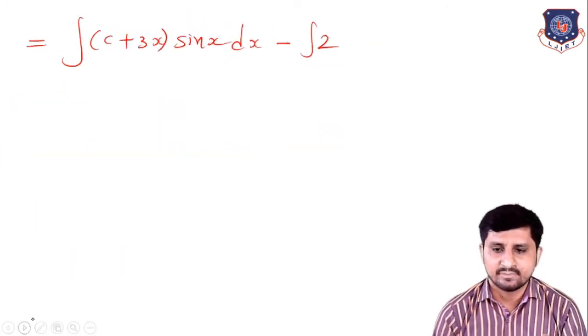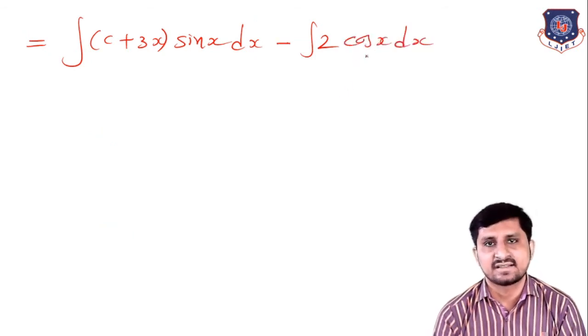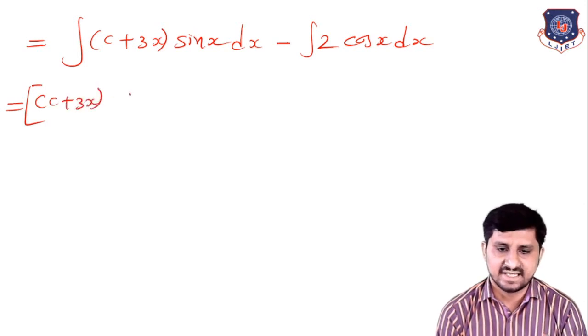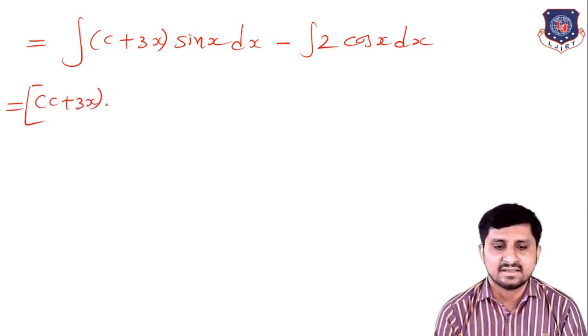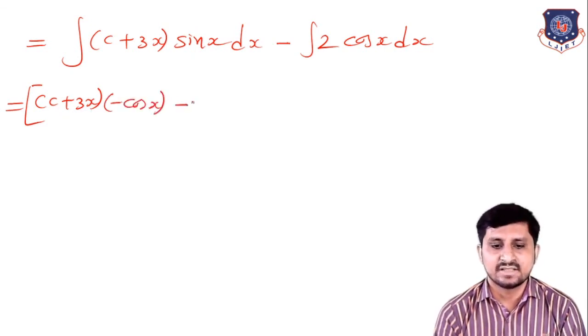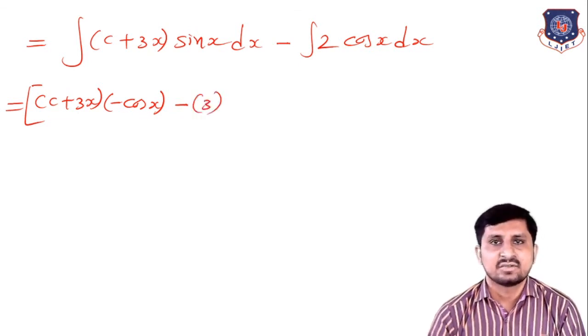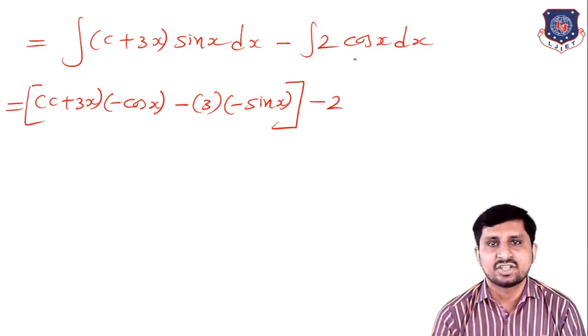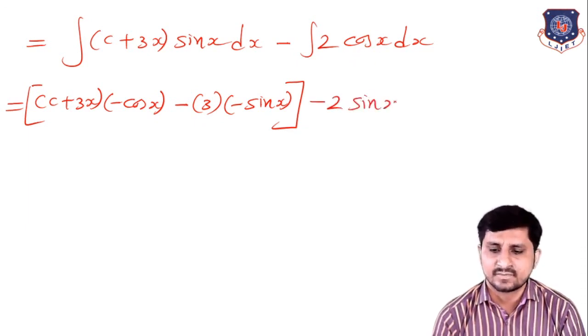2 cos x dx, and we know that integration of cos x is sin x. Now integration by parts. For the first integration, (c plus 3x) as it is, integration of sin x is minus cos x, minus differentiation of (c plus 3x), that is 3, integration of minus cos x, so that is minus sin x, and minus 2, integration of cos x, that is sin x.